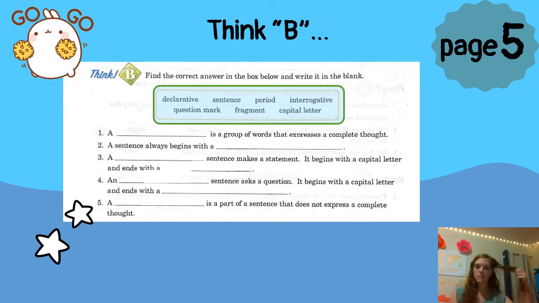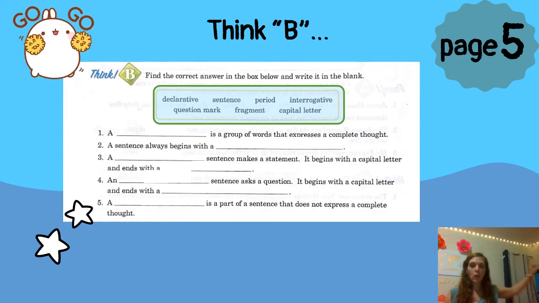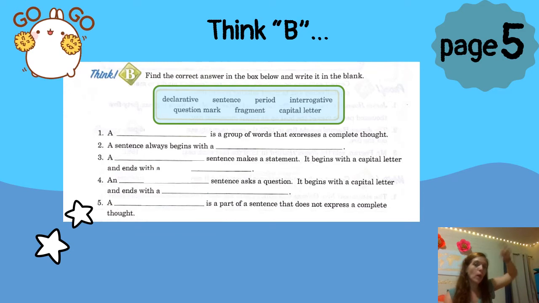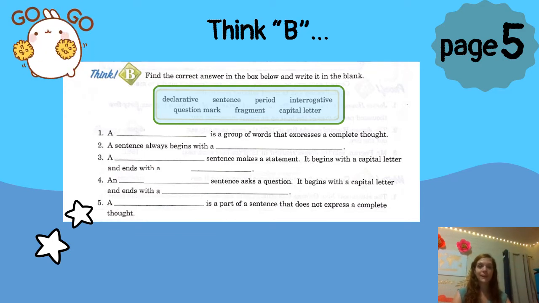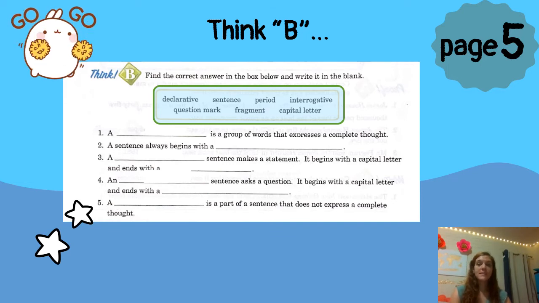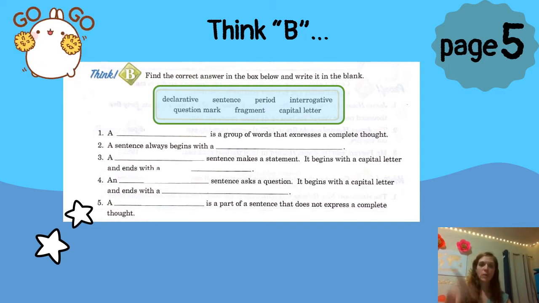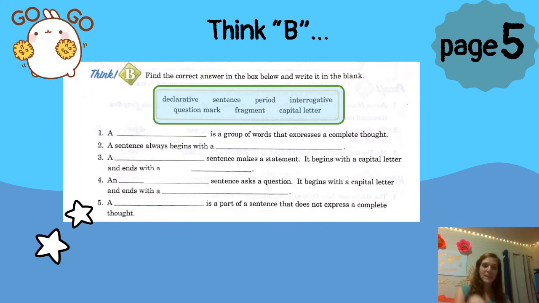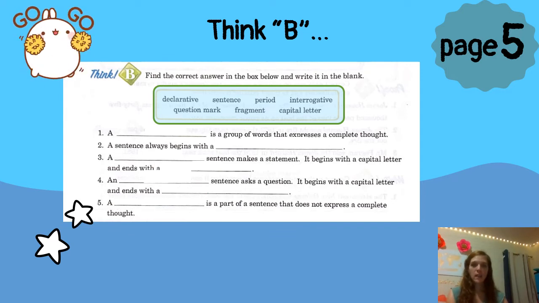My hair is brown. My curtain is blue. My lights are on. You are in English class. Those are all declarative sentences. It makes a statement, right? Look at the next word, sentence. Sentence is a group of words that completes a thought. Look at the next word, period. A period is a punto.